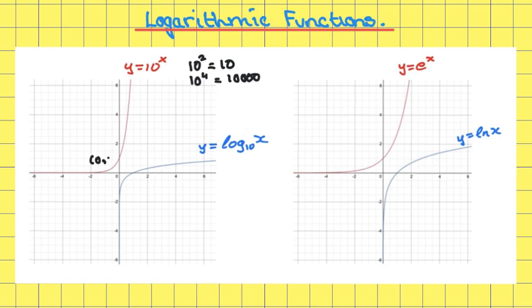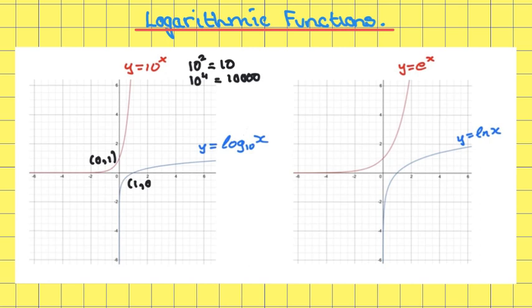So if we look at the two graphs, the exponential graph always goes through the point 0, 1. The log graphs always go, because it's the inverse, through the point 1, 0. And you can clearly see that they are the inverse of each other because they are reflections of each other in the line y equals x.